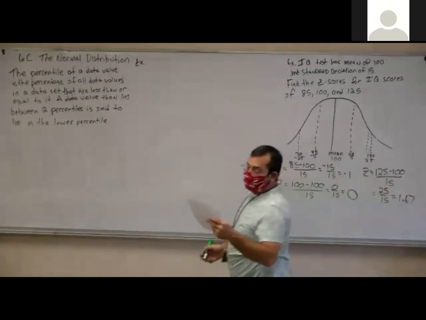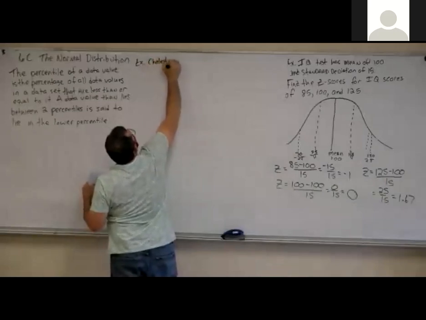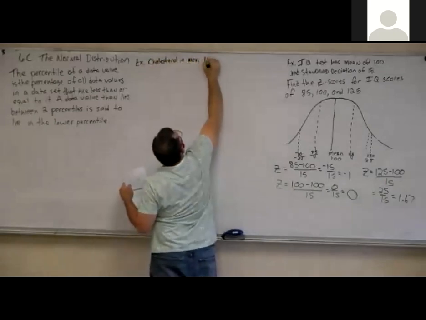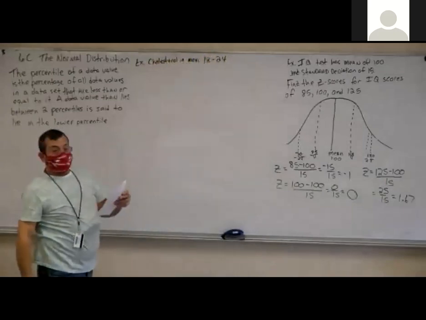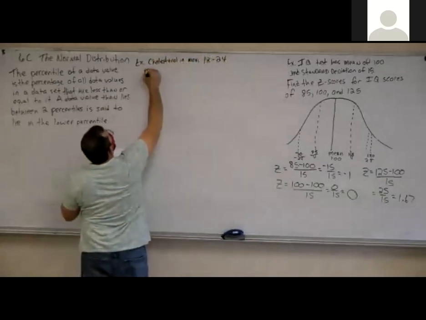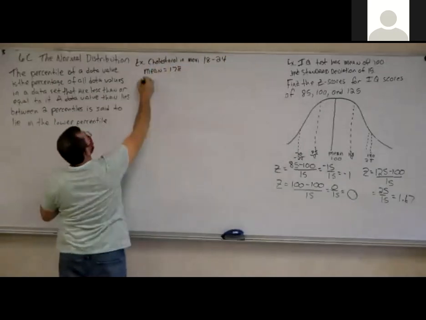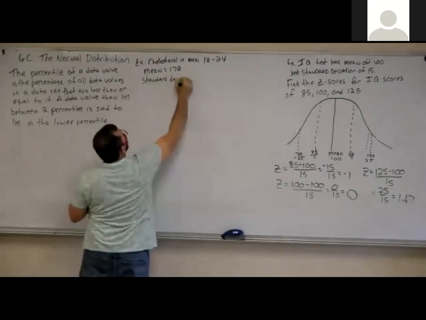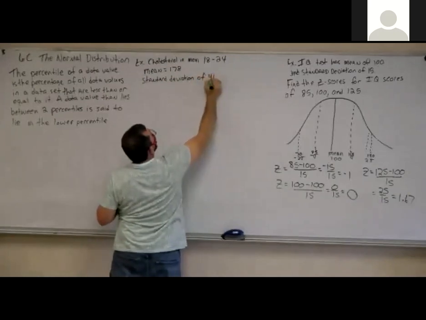So this says cholesterol levels in men 18 to 24 is normally distributed with a mean of 178 and a standard deviation of 41.